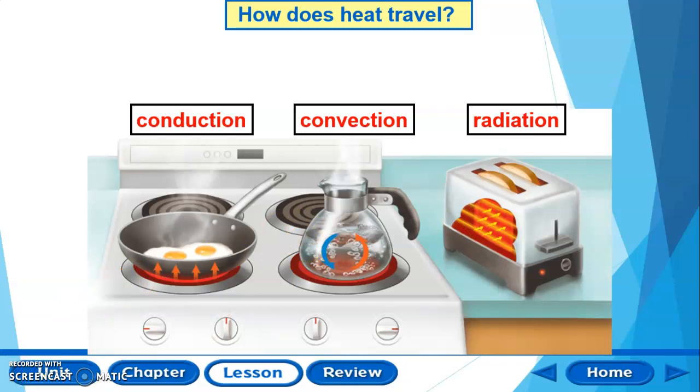So in our hypothetical situation, inside the hot chocolate milk, the heat spreads as warm and cool parts of the chocolate milk move around. And in this process, we are talking about convection. Convection is the flow of thermal energy through a liquid or a gas caused by hot parts rising and cold parts sinking.